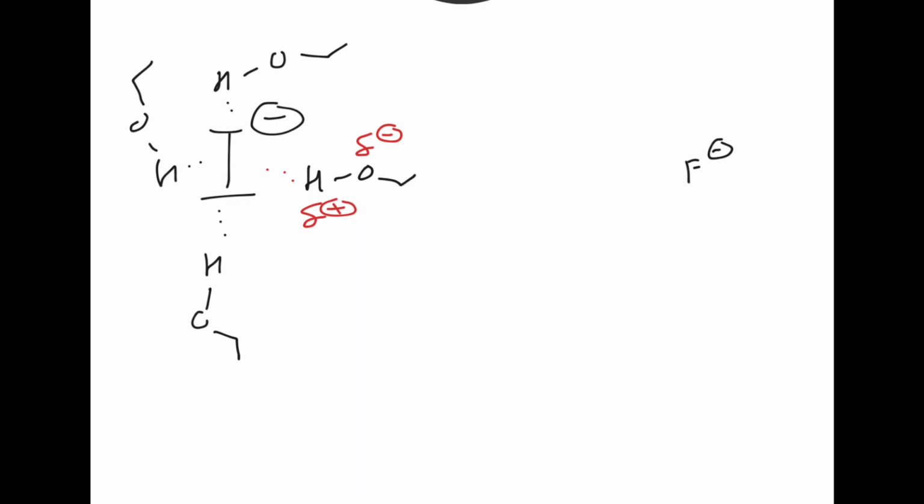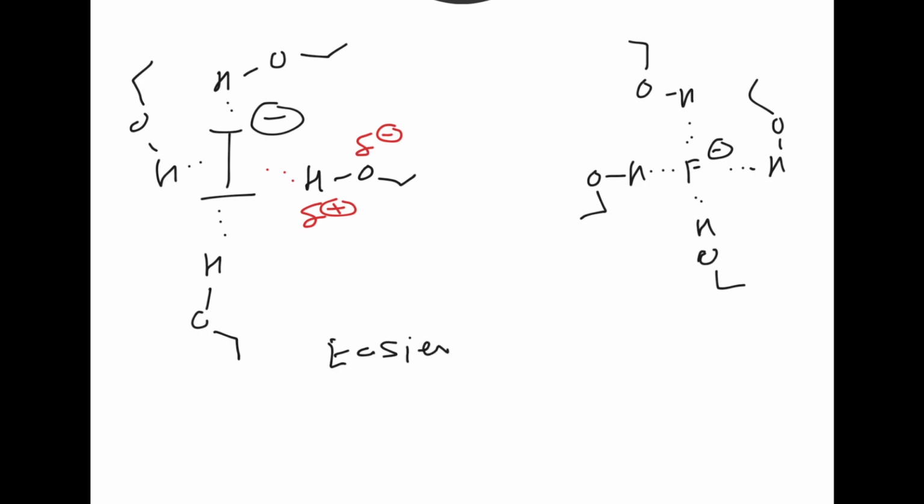Fluorine's smaller, so it's way easier to cover more of the area of your fluorine with solvent, right? Even with the same amount of solvent around it, the fluorine's just smaller, right? So it is easier for solvent to cover small ions.